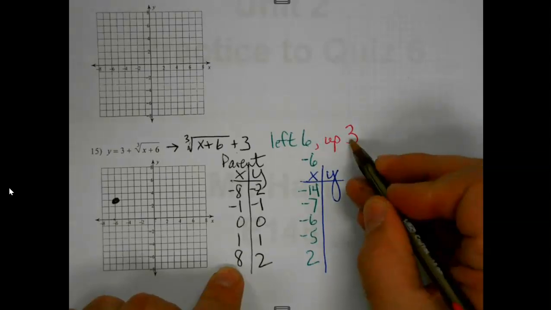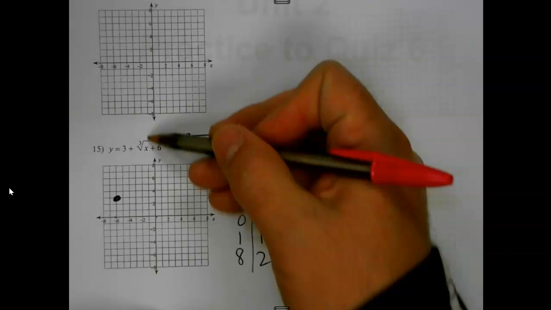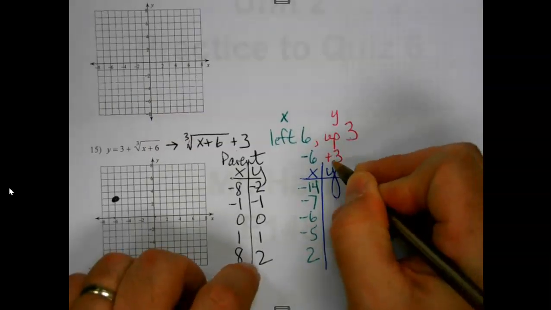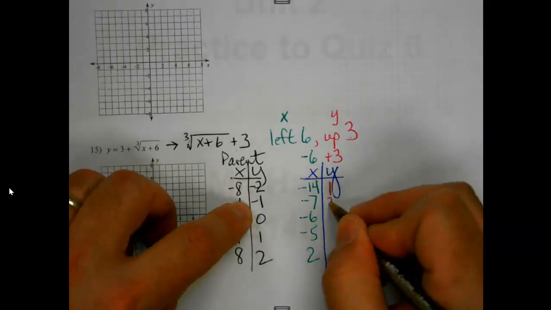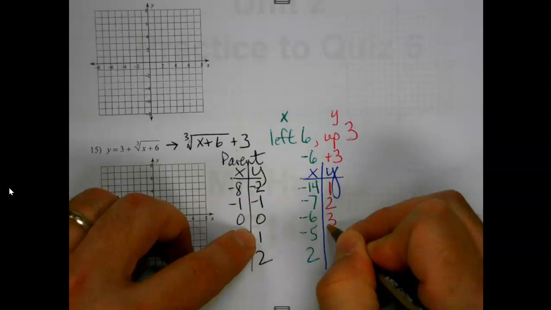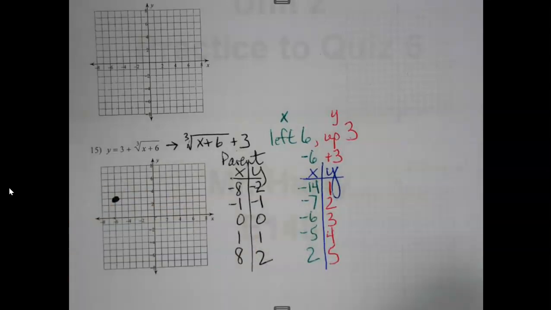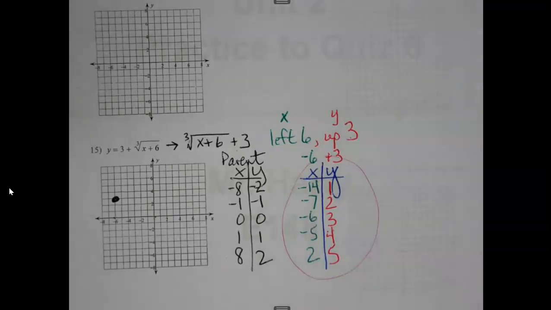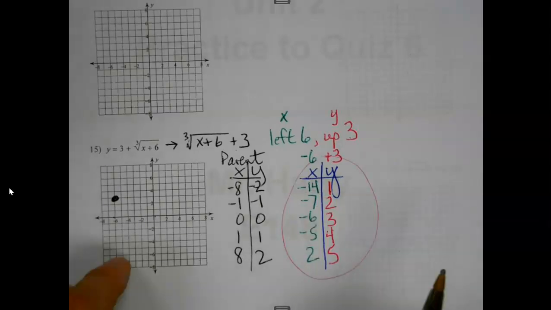But since up 3 goes up and down like the y-axis does, I'm going to add those 3 to all of my y's. So these would be the points I'm trying to graph. So you're like, Hardy, that negative 14, I can't do that. That's all right.